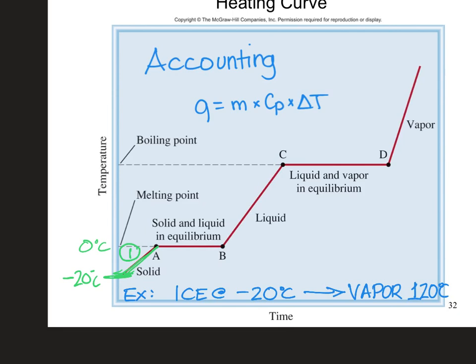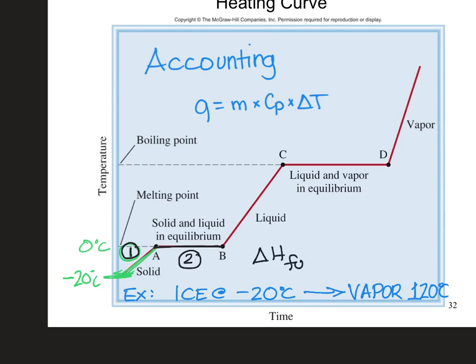And then step 2, let me use a different color here, guys. So this is step 1. Step 2, I'm staying at 0 degrees, because at 0 degrees, that's when it melts. And there's an energy associated with changing state. Solid to liquid is called heat of fusion.